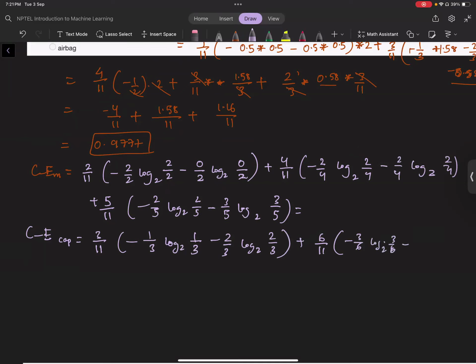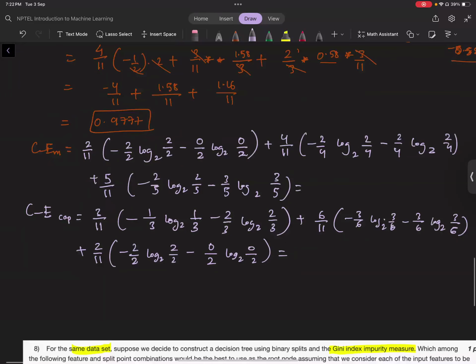It's very easy: if it is 3, the next one will be 3 as well, because both should add up to 6. 3 by 6 into log 2 3 by 6, and the total is 11. Plus 2 by 11 times minus 2 by 2 log 2 2 by 2, minus 0 by 2 log 2 0 by 2. Calculate this as well.